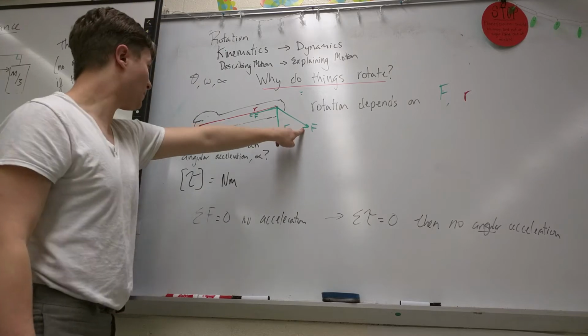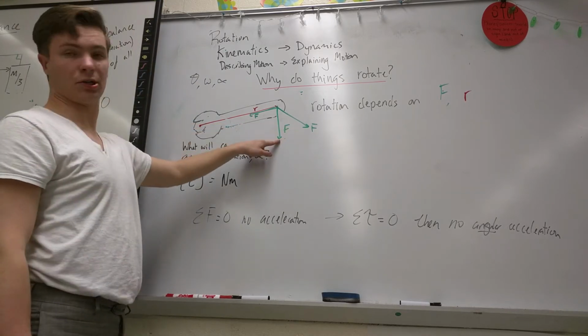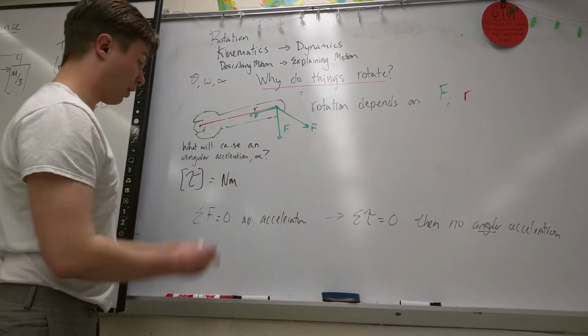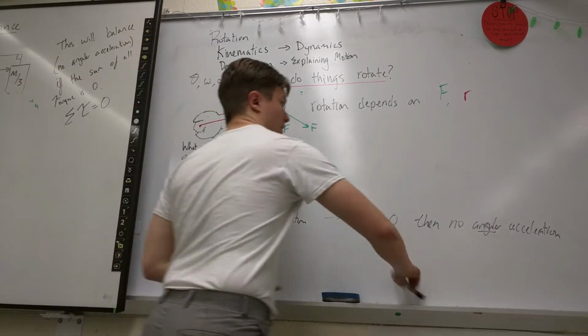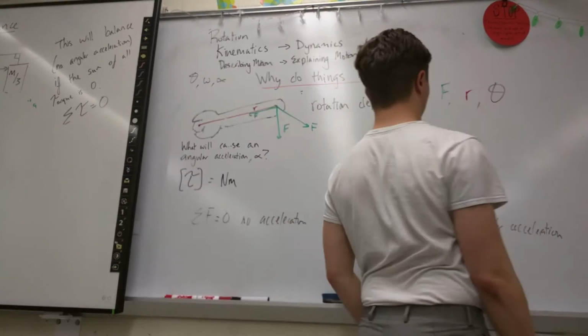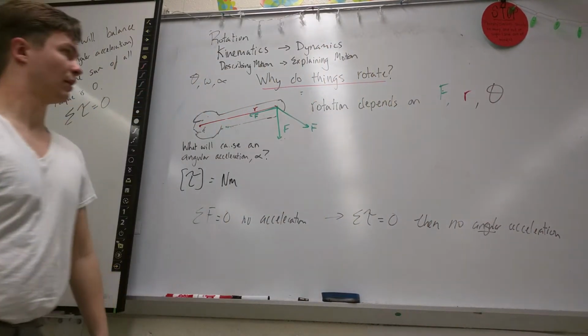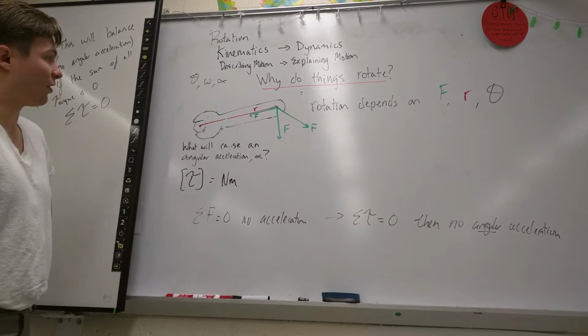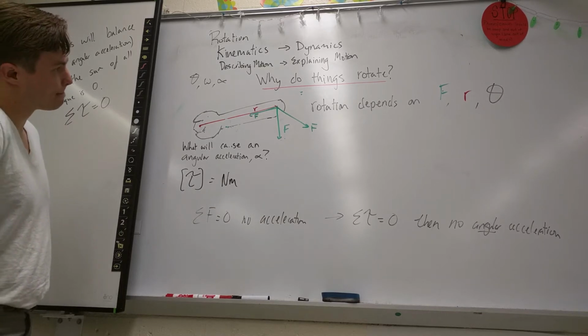This one probably will accelerate it, but not nearly as much as the force that's perpendicular to what I've defined to be R. So it follows then that the angle of the force must also have some influence on how things are angularly accelerated.